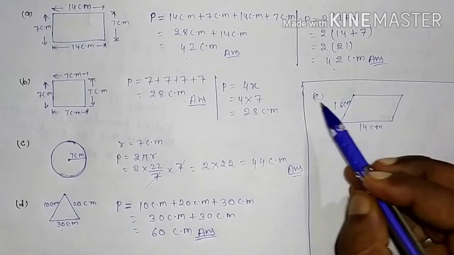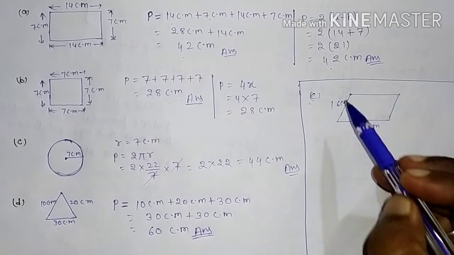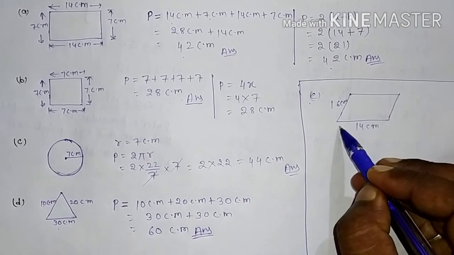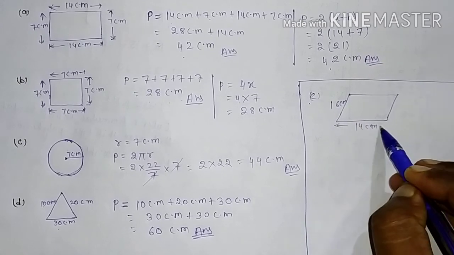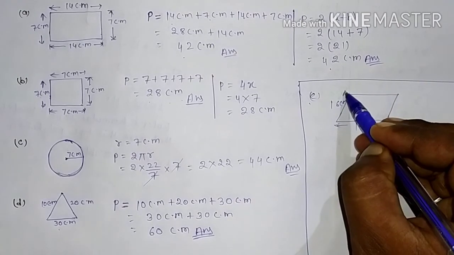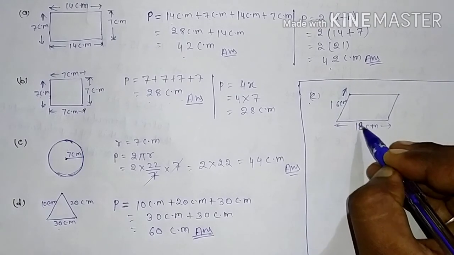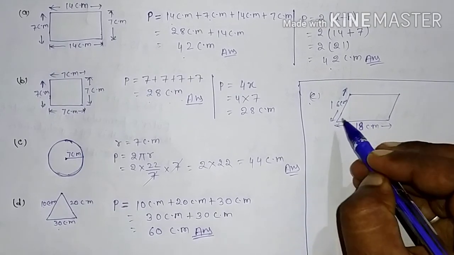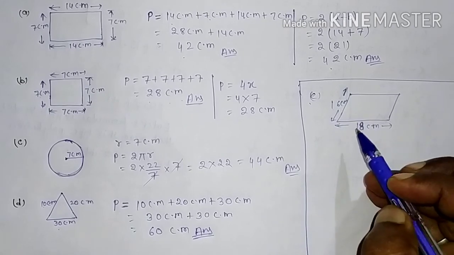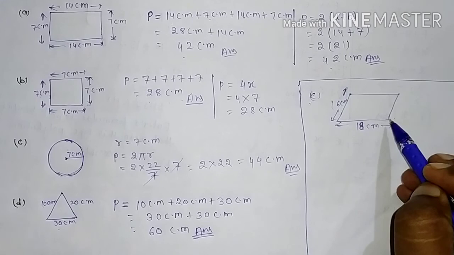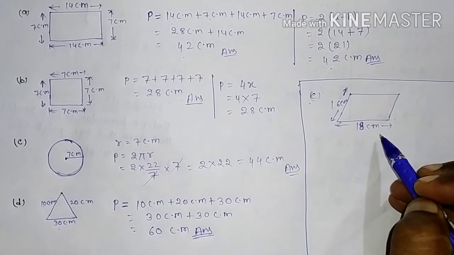Now question number E. This is the shape of a parallelogram where one side is given 14 centimeter and the other will be given here. Let's suppose this is 18 centimeter, okay, and the other will be given 16 centimeter. So this is the small side, that is 16 centimeter, and this is the large side, that is 18 centimeter.